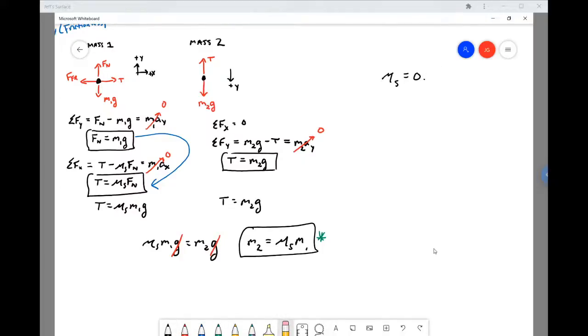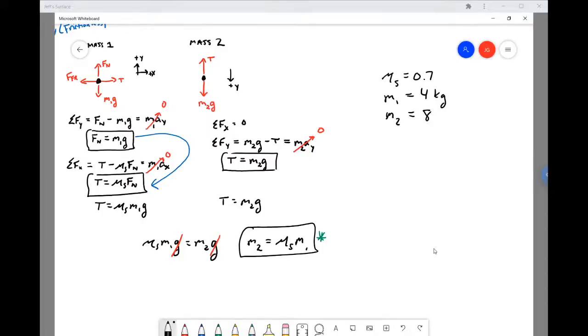Make it a little bigger, 0.7, and M1 is equal to 4 kilograms. Well, the maximum amount that M2 could be would then be 4 times 0.7, whatever that turns out to be, which is less than 4.